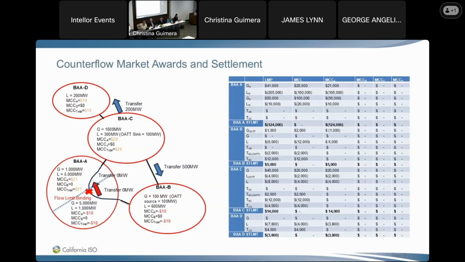I understand your concern. As I said, this was just trying to illustrate what could have happened if you had counterflow. When I built this particular model, I did not build a network model. We did the prevailing flow and someone had recommended we do a counterflow, and I did not change the prices.